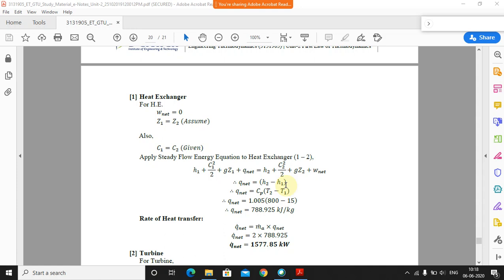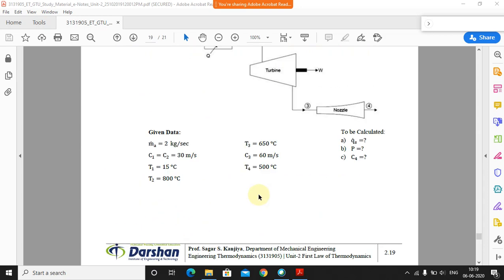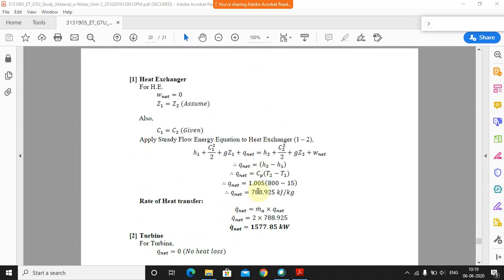Now in the last problem we were directly given the value of enthalpy, right? But now in this case the value is not given. So in that case, how to calculate the enthalpy? The enthalpy will be calculated from the formula Cp, that is specific heat at constant pressure, because in the heat exchanger the pressure will remain the same. So at constant pressure, T2 minus T1, that is the difference between the temperature at the outlet and the inlet.